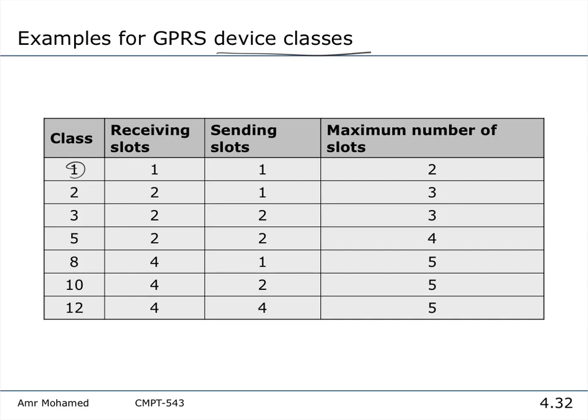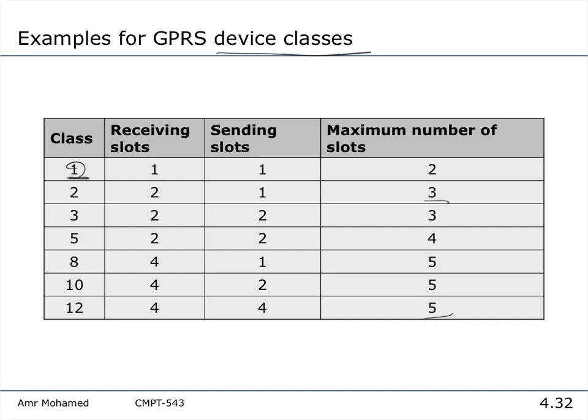The standard actually defines that. Why? Because this class gets communicated to the base station, so the base station knows how it can allocate the channels and what the capabilities of this mobile station are. Whether the mobile station can use 3 time slots at a time, or 5 time slots at a time. So I need to know that.